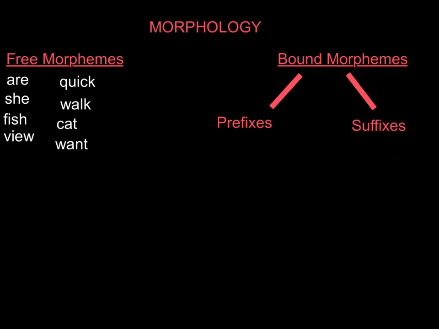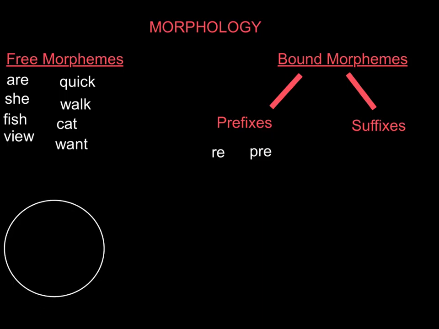Now prefixes, I don't think they surprise you in any way. An example would be re, another example would be pre. These are bound morphemes. They're not words all by themselves because bound morphemes have to be bound or connected to another morpheme. They're not words alone, whereas a free morpheme is both a word and a morpheme on its own.